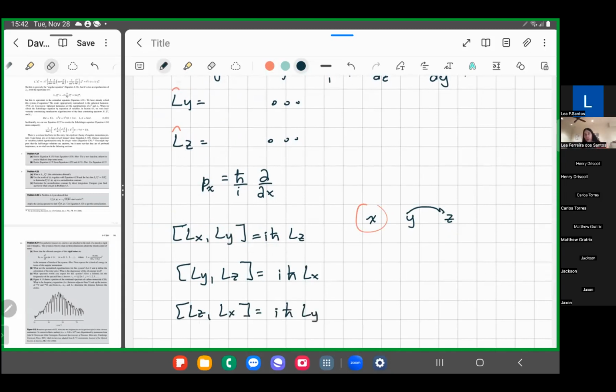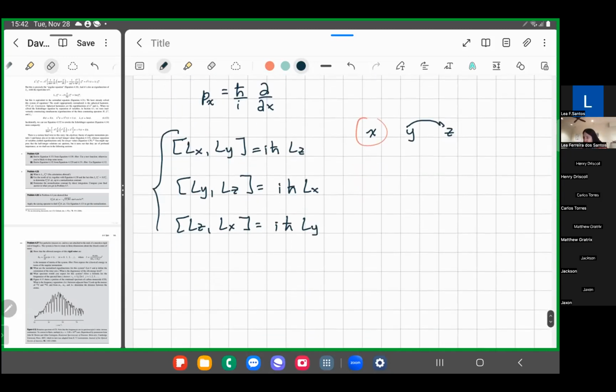They do not commute, and this is very important. The fact that they are incompatible means that I cannot measure both at the same time with absolute precision. Now, there is uncertainty between them. So we have the uncertainty principle between Lx and Ly: the product of the variances of these two has to be larger than something.